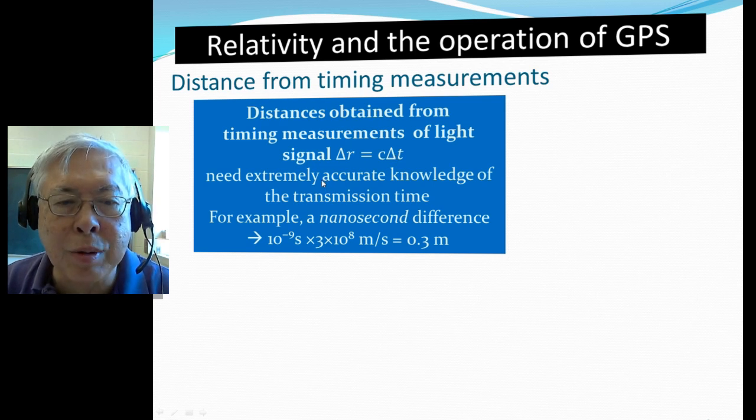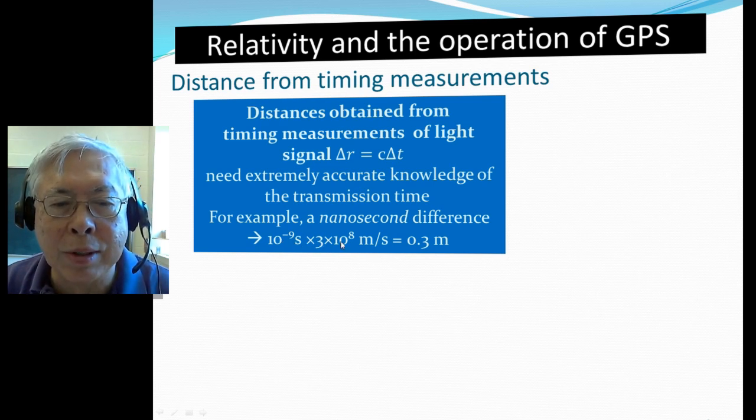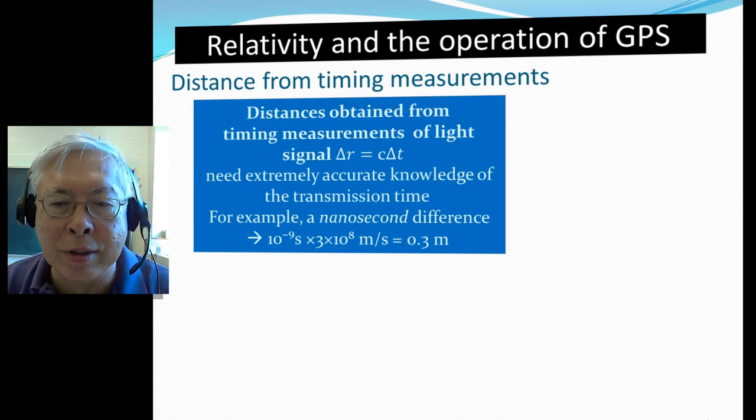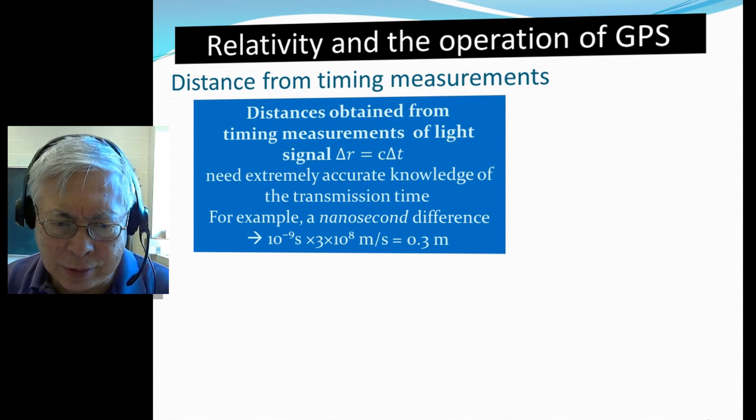We need extremely accurate knowledge of the transmission time, because a nanosecond difference in time immediately translates into 10 to the minus 9 seconds times 3 times 10 to the 8 meters per second, which is 0.3 meters. So that's a foot. Even a nanosecond difference can mean a difference of a foot in this distance.